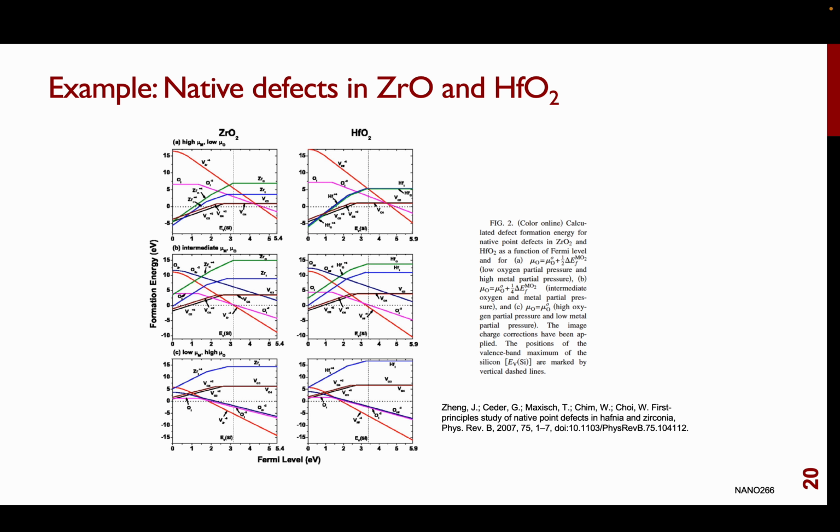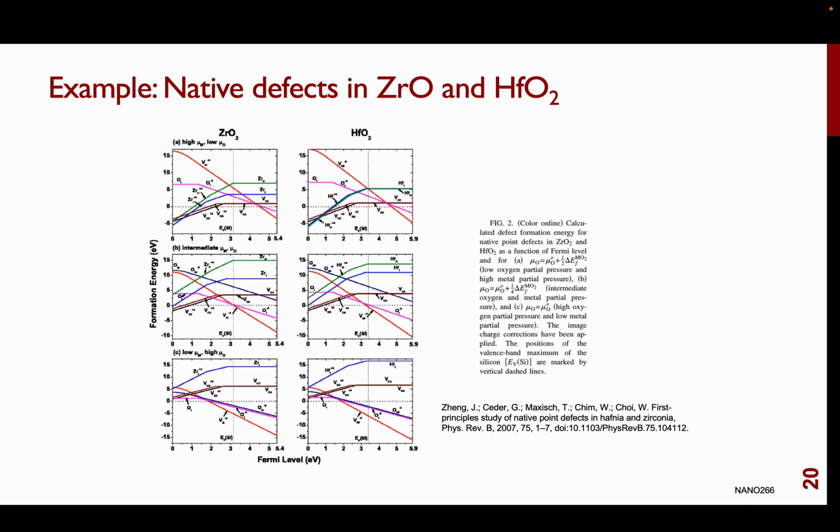So you can look at this. This is basically an oxygen interstitial, okay, and this is a zirconium vacancy with a 4- charge, okay. And depending on the chemical potential and the Fermi level, you have different defects that are stable. So for instance, when you have high chemical potential of the metal, the formation of any of your metal vacancies is not very favorable.